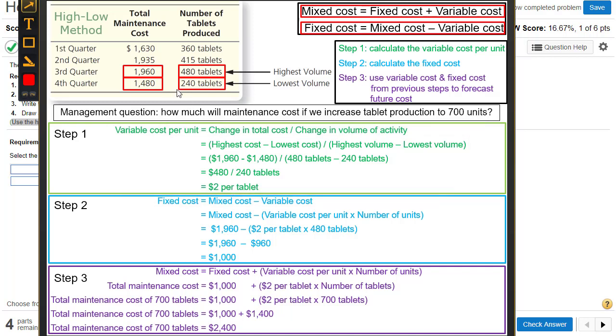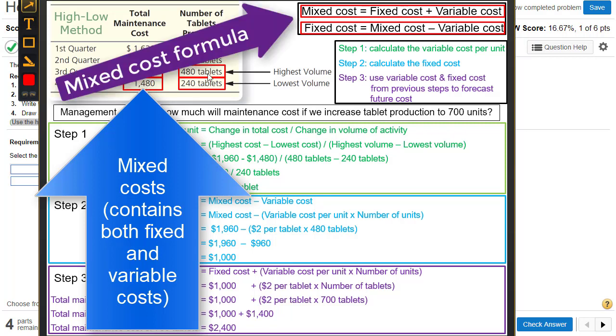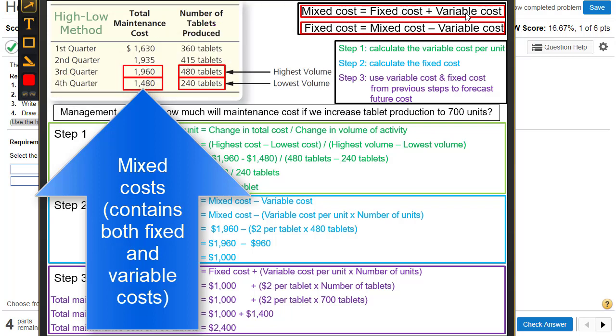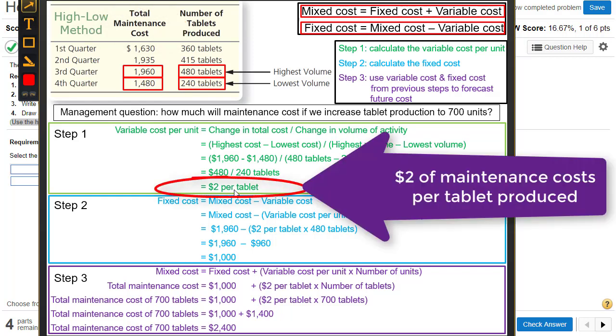So let me back up really quick. These costs here, the 1960 and 1480, these are mixed costs. They contain, and here's the formula for a mixed cost, a fixed portion of the cost and a variable portion of the cost. So what we found out in this example was that for every tablet they produced, there was $2 of maintenance costs per tablet.